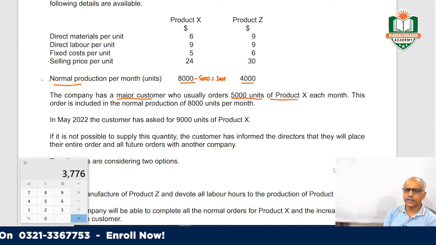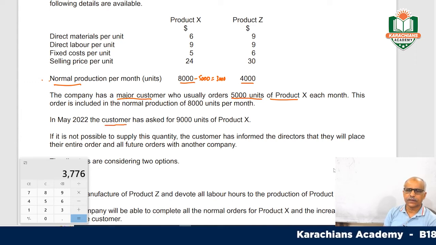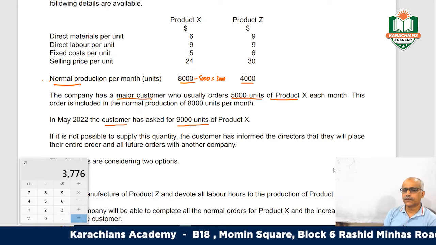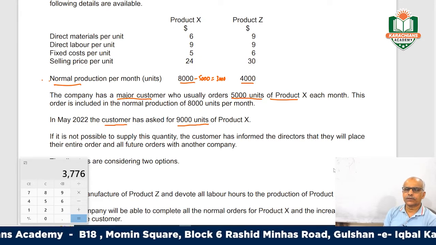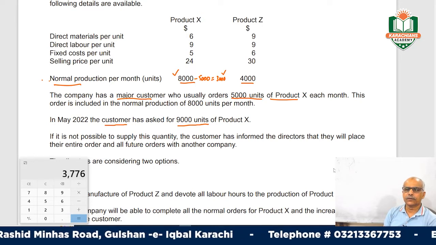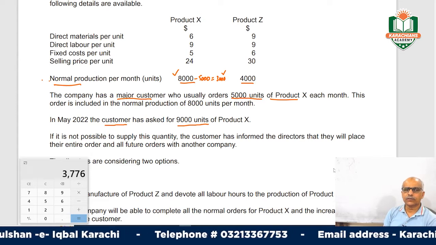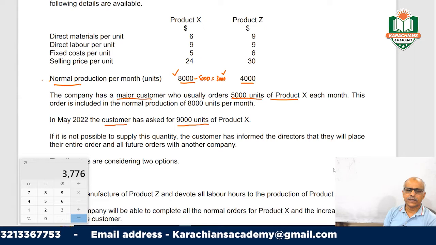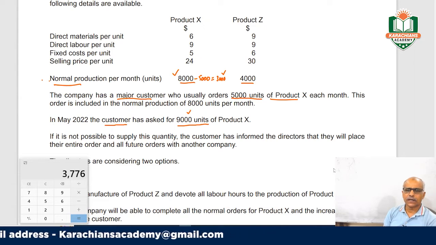In May 2022, this major customer has asked for 9,000 units. Actually they produce 8,000 units, and they sell 5,000 to the major customer and 3,000 to other customers. But now he is asking for 9,000 units.